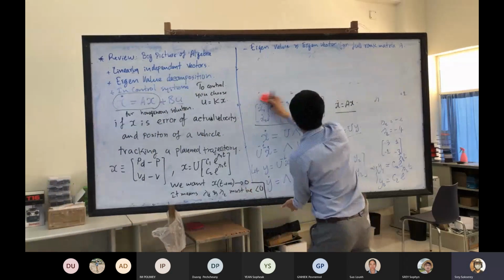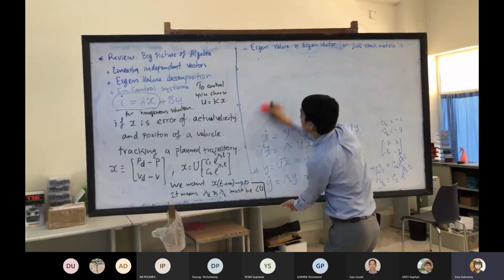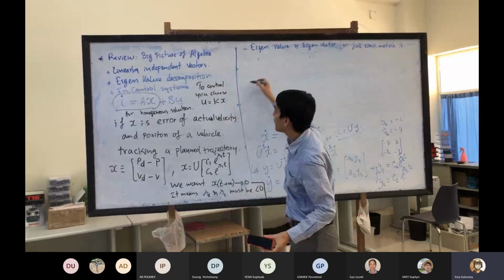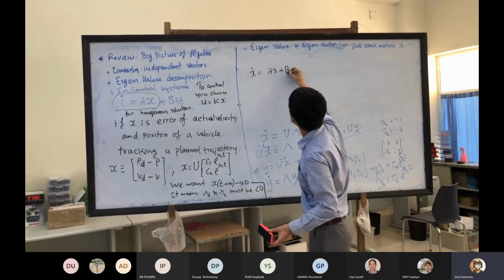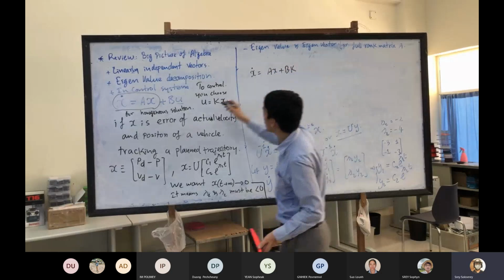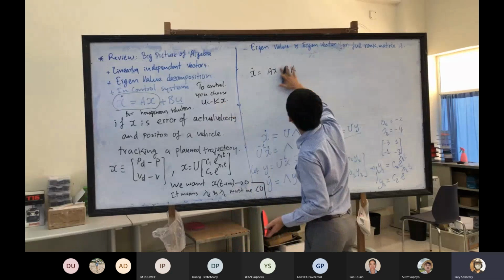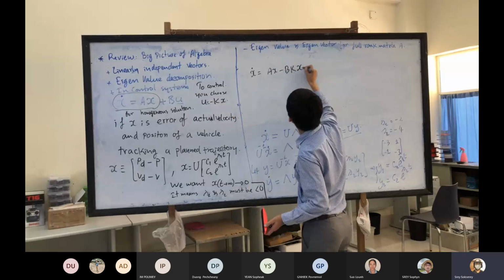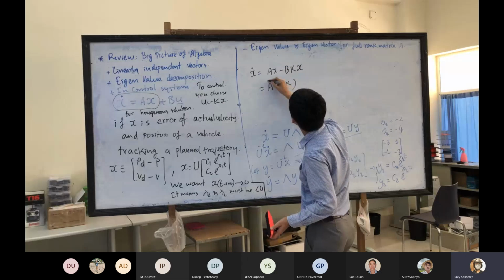In this case, you get x dot equal to Ax plus Bu, which becomes Ax minus BKx. Then you have A minus BK.